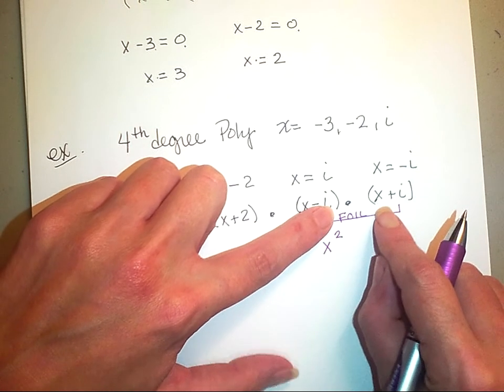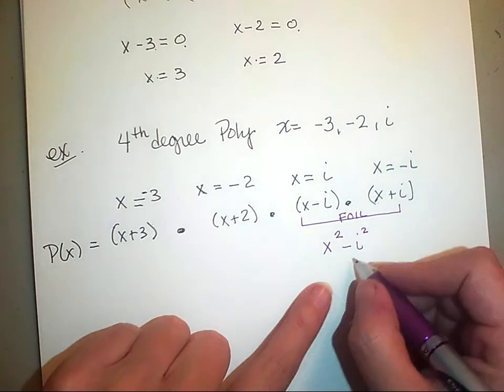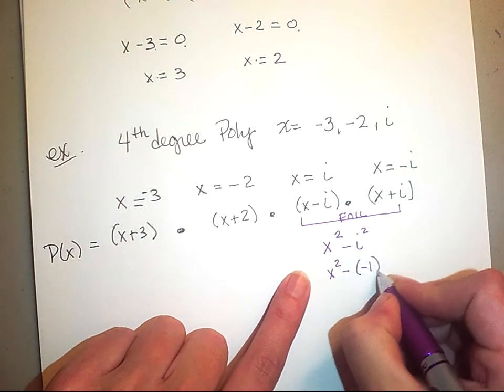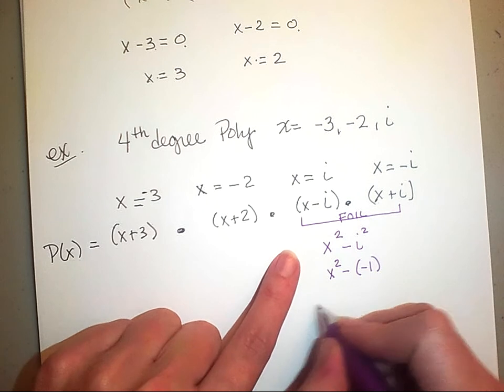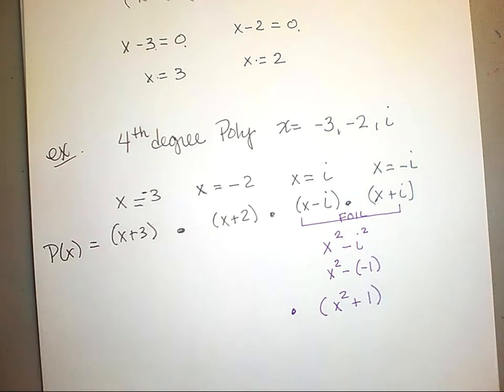And then minus i squared. But remember, i squared is negative 1. So when you multiply these two together, you're actually getting x squared plus 1, which we saw earlier.